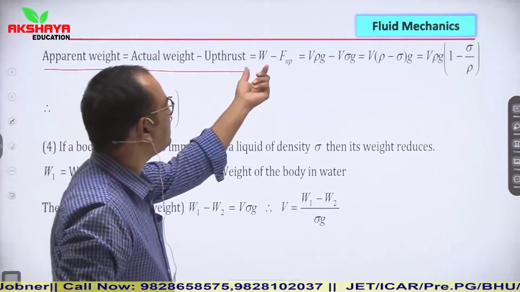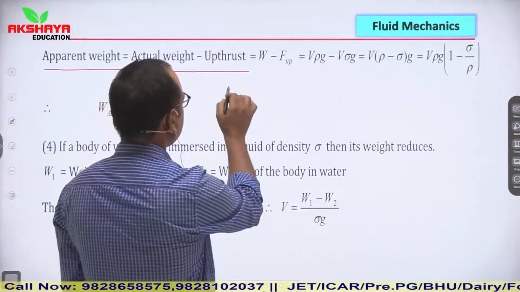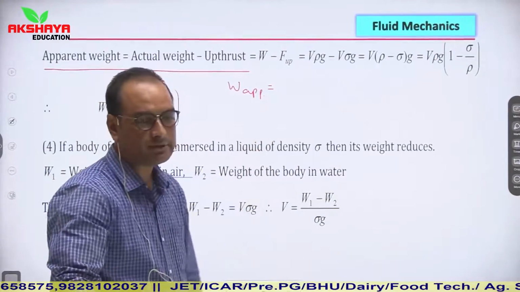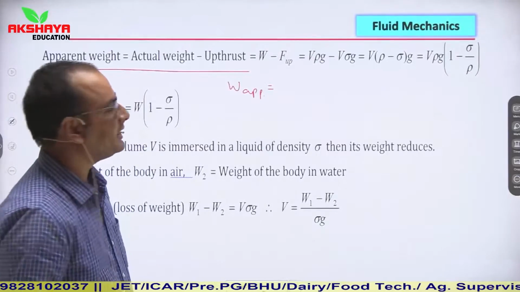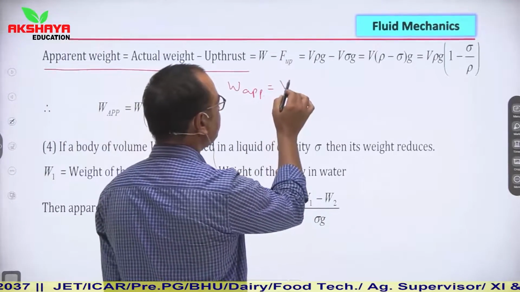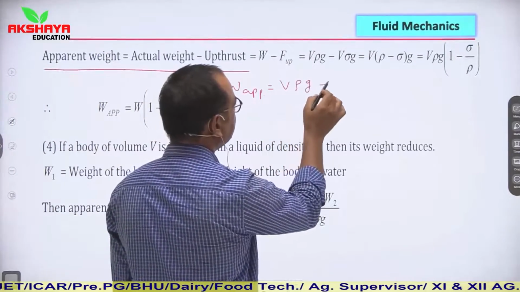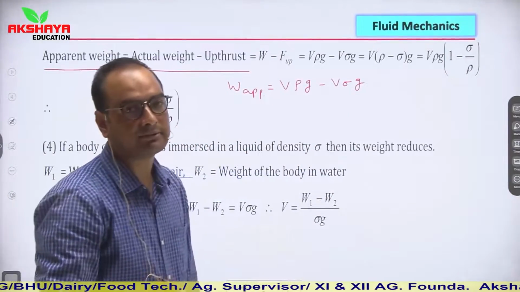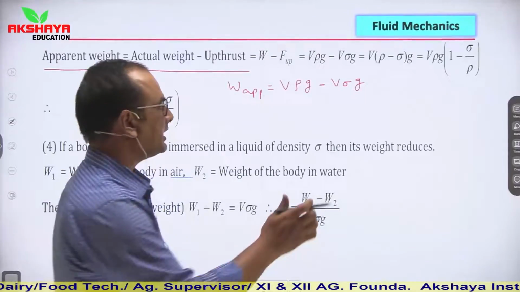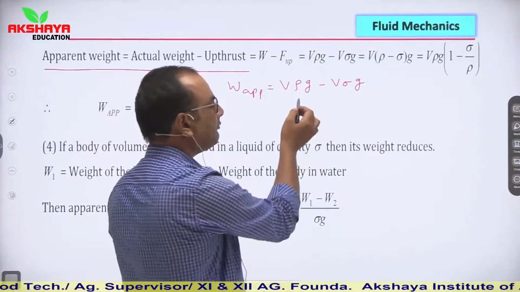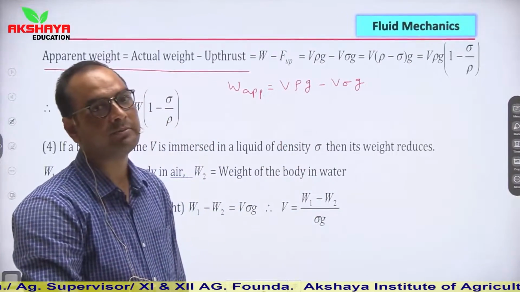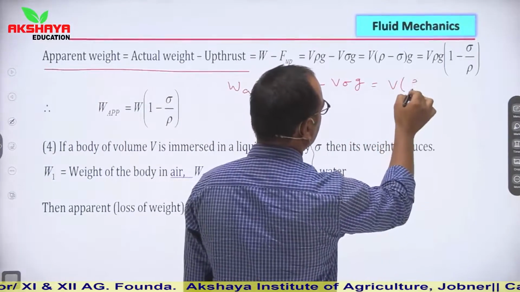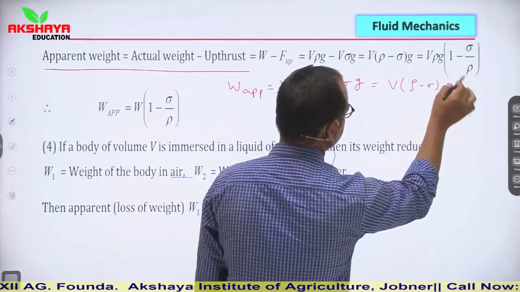Let the actual weight be W. So W apparent is equal to actual weight mg, or m in terms of volume and density, so V rho g, minus upthrust, V sigma g. Upthrust is applied by the liquid, so the density of the liquid is used, and weight is of the body, so the density of the body is used. So it is V into rho minus sigma into g.